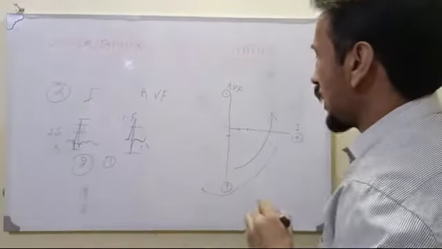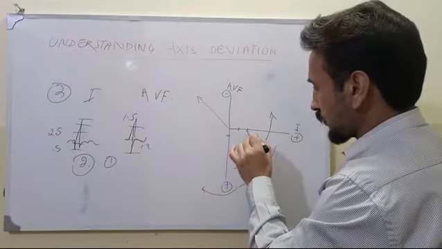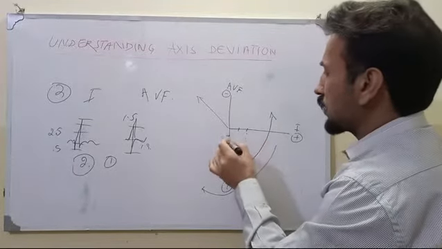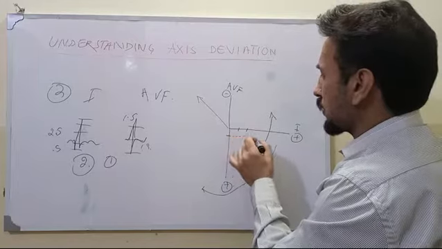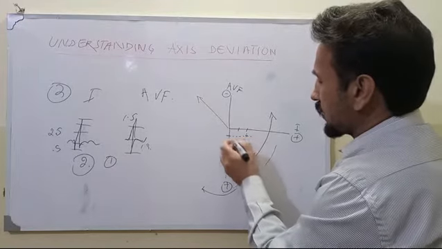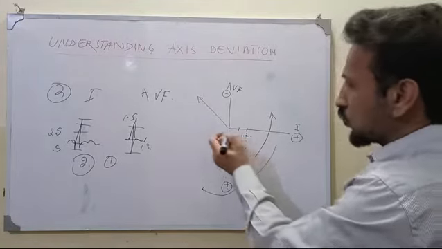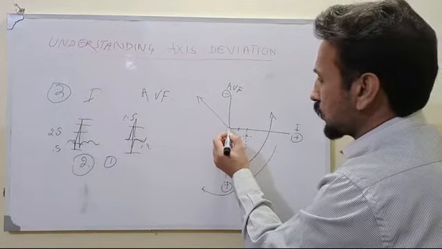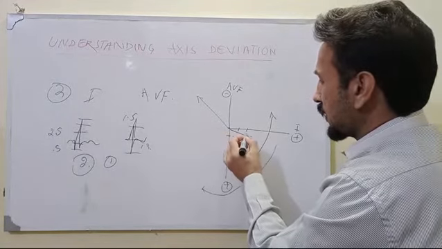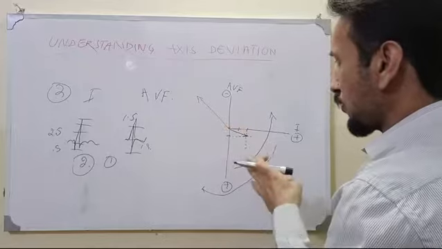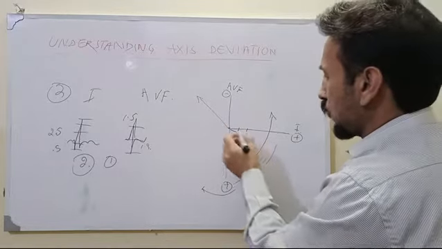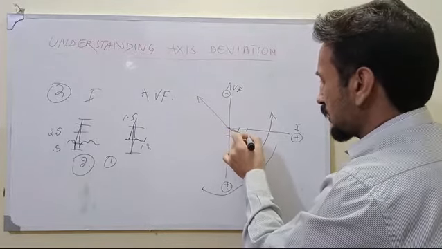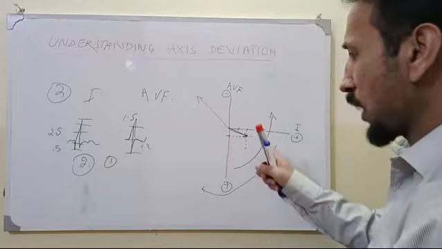Now you have to draw a perpendicular line from lead 1 and AVF on each other. The point where they intersect is joined to the 0. The vector drawn from the 0 to the point where they intersect each other is the correct vector.